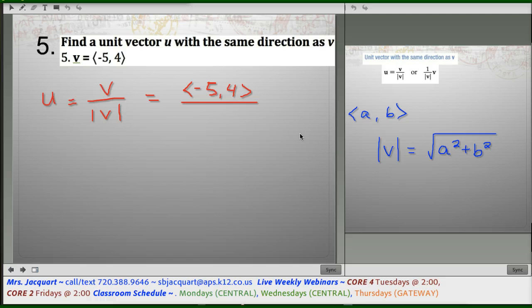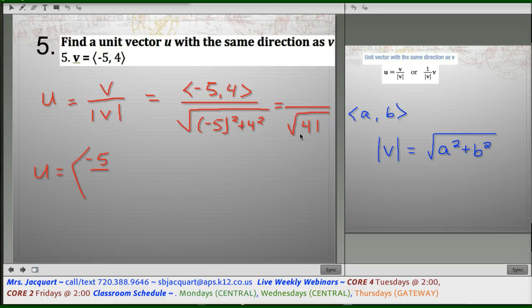All over the square root of negative 5 squared plus 4 squared, which equals square root 25 plus 16. 25 plus 16 is 41. So then U equals negative 5 over square root 41, comma 4 over square root 41.